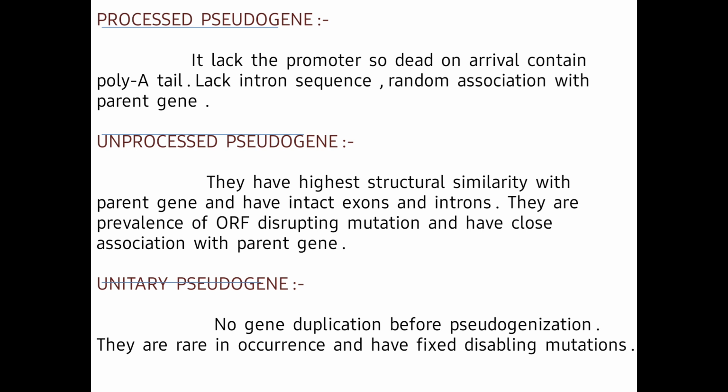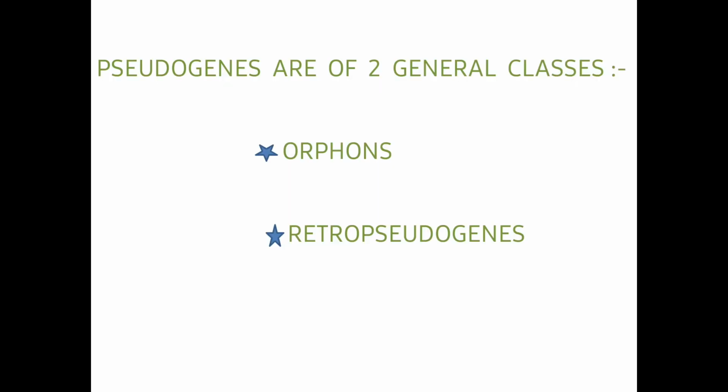So in the first one, processed, introns are lacking and there is random association with the parent gene, but in unprocessed pseudogenes exons and introns are present, and they are very similar and close to the parent gene. The last one is unitary pseudogenes, where there is no gene duplication before pseudogenization. They are rare in occurrence and have fixed disabling mutations.